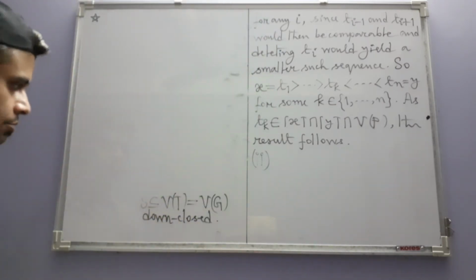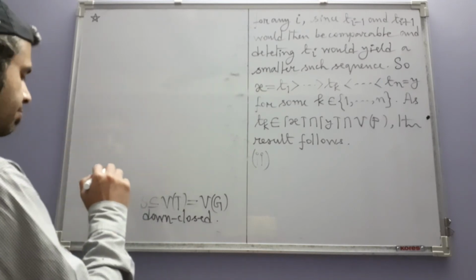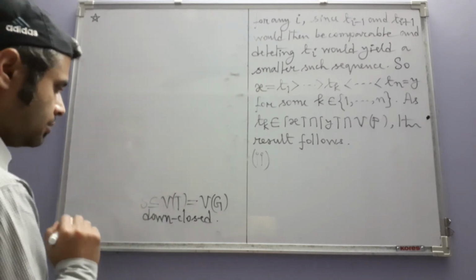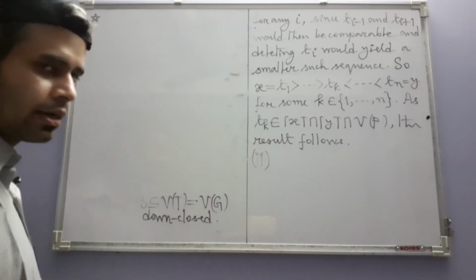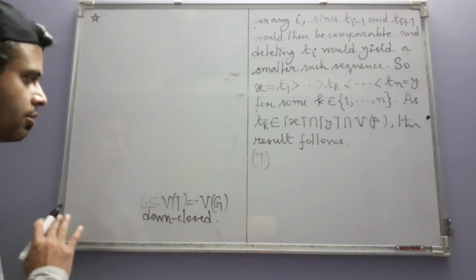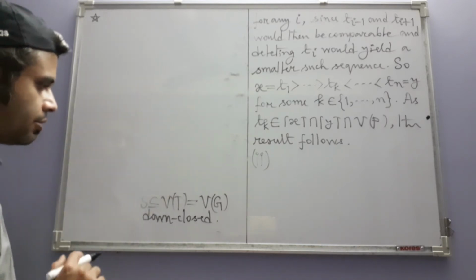So S is down closed. Now if one removes S from G, that may result in a disconnected graph. In general, we will have some components. If not disconnected, we will have a single component.